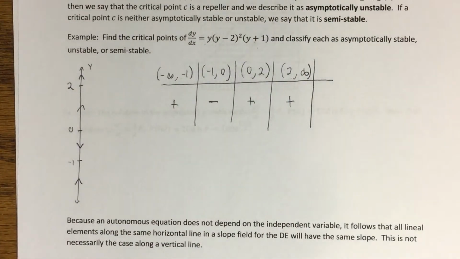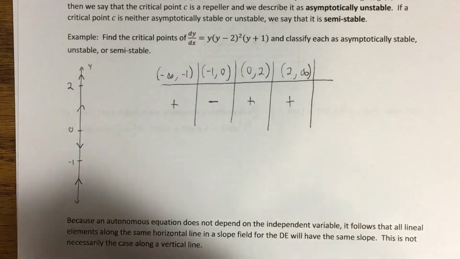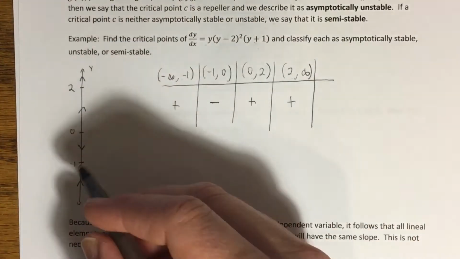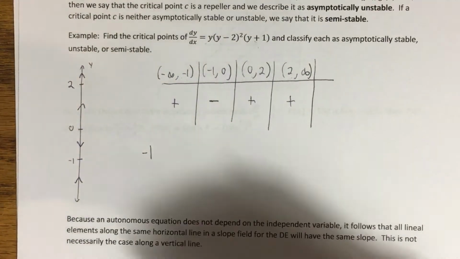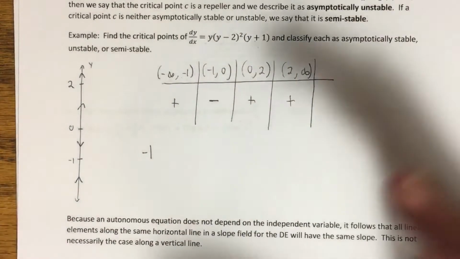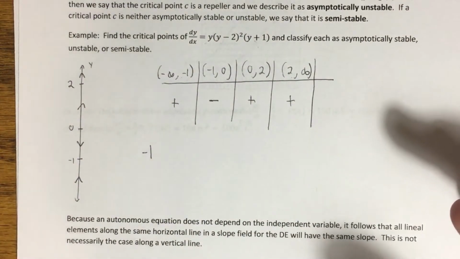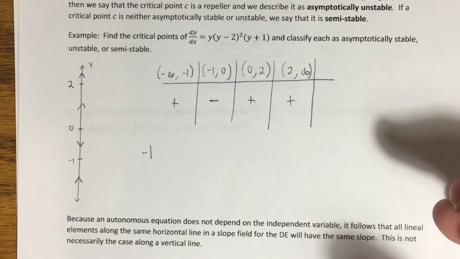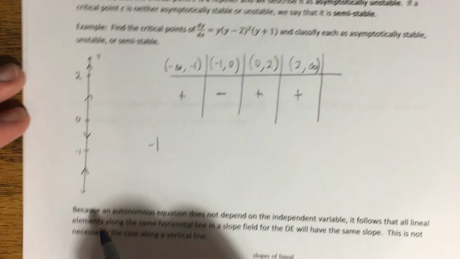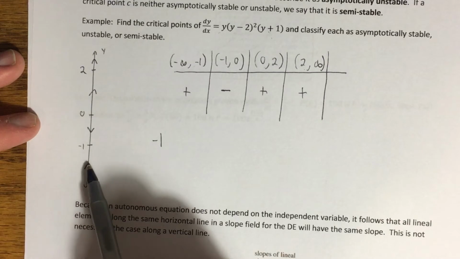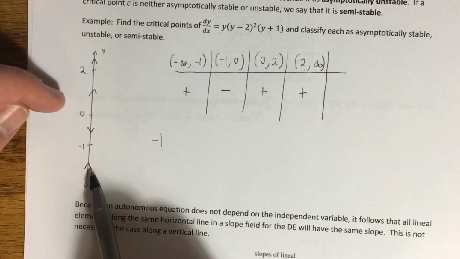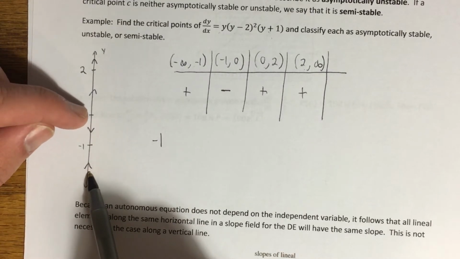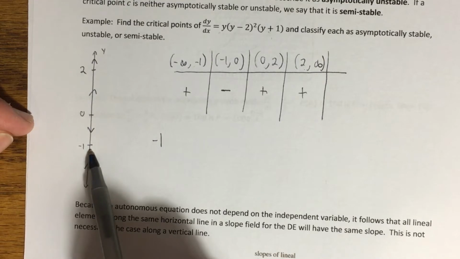Okay, now let's look at each one of our critical points. Starting with this one down here, -1. I don't need to graph this on a two-dimensional plane to see what kind of critical number we're looking at, because my phase portrait, whether I'm below or above that critical point of -1, is indicating that the solution curves will approach that critical point.